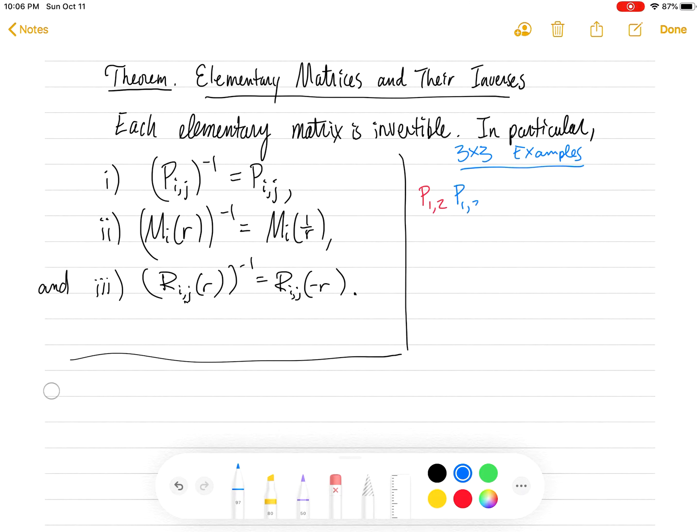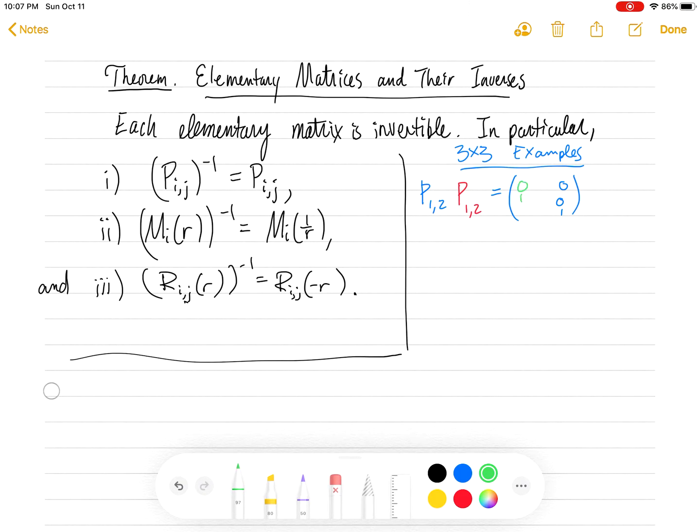Let's say I'm talking about the first case, permutation, and I've got P12. If P12's inverse is P12, that means we can multiply P12 with P12 to get the identity. Let's check that. So I take P12 times P12. What's P12?